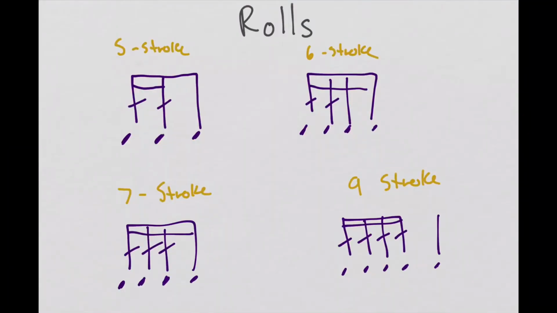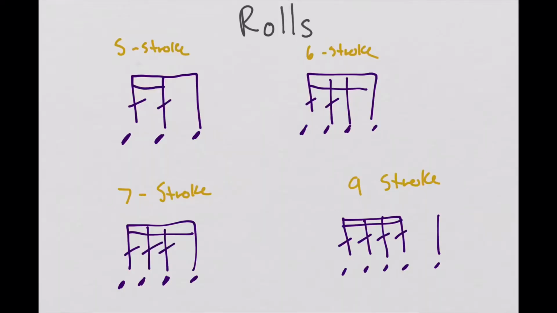There's also roll rudiments. They're labeled so that it makes a lot of sense. We have a 5-stroke roll, which consists of hitting the drum 5 times. A 5-stroke roll would be right, right, left, left, right. When we do a drum roll, all we're doing is right, right, left, left, right, right, left, left, but fast, obviously. So a 5-stroke roll is 1, 2, 3, 4, 5. Right, right, left, left, right.